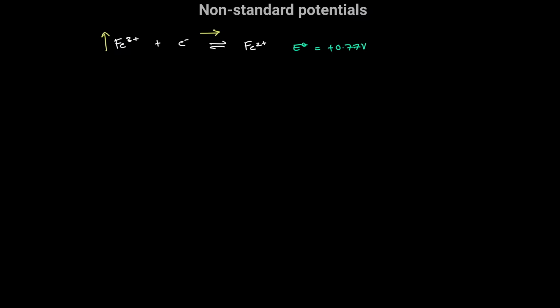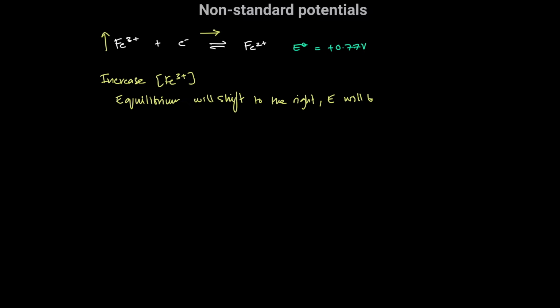If I increase the concentration of Fe3+, my equilibrium will shift to the right, and then obviously the electrode potential will become more positive.